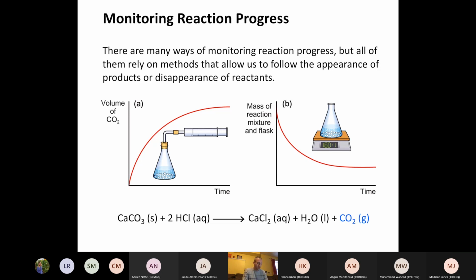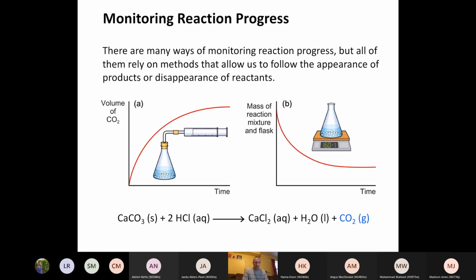These are all methods you would use to monitor the progress of some particular reaction. But for us, we want to do it quantitatively. What I described there for the cake is not quantitative. You can't stick a knife in a cake and say, oh, it's 86% complete. But we can do that in many cases for many chemical reactions.